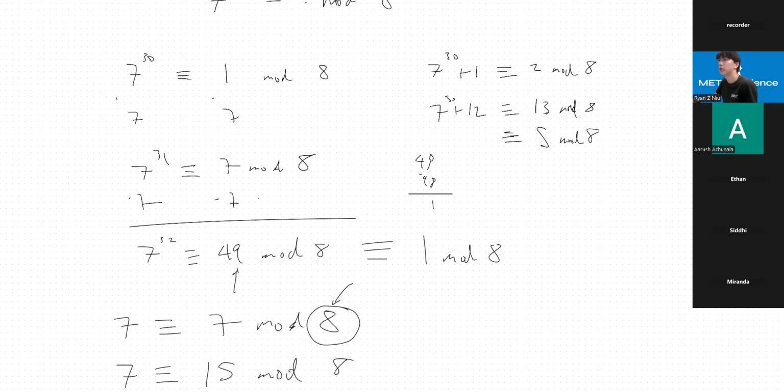So I guess we can do, say, 56 is going to be equal to 1 mod 5. And then 78 is equal to question mark mod 5.